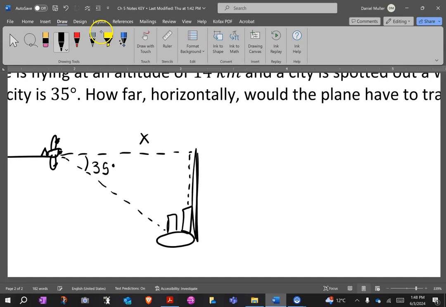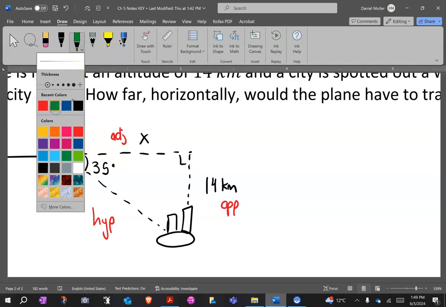What is this height? Well, they already told us the height of the plane is 14 kilometers. So looking from my perspective, this is the opposite. Here's 90 degrees, so that would be the hypotenuse, and this leaves the adjacent.